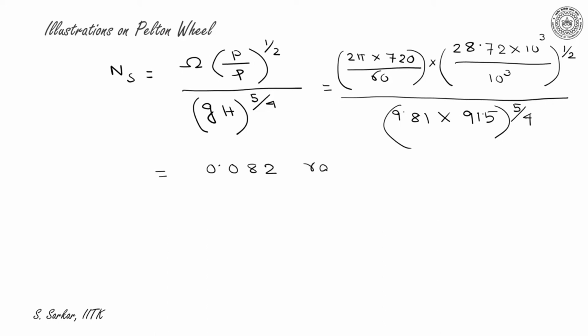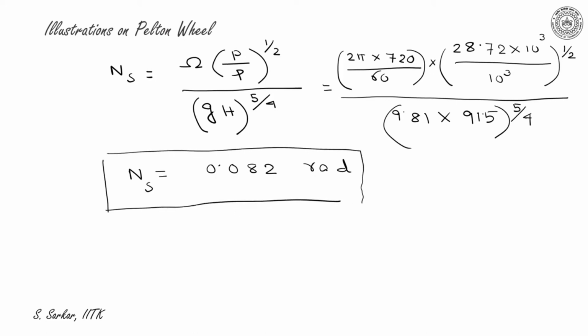It will be in radian. Thus, I have got the specific speed of the Pelton wheel as 0.082. Hence, I have evaluated all the answers that were asked.